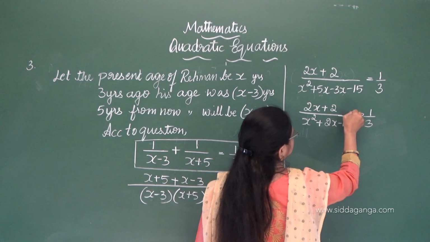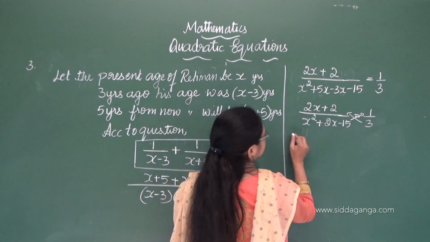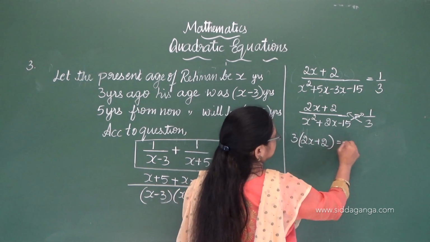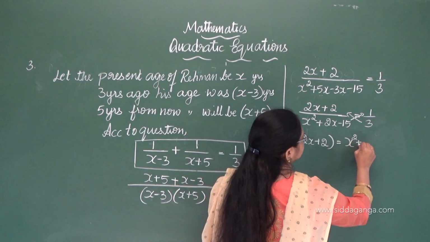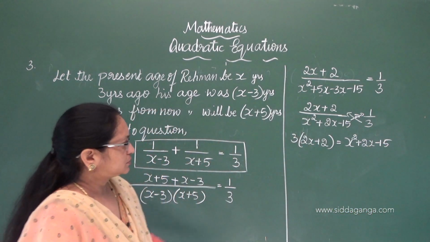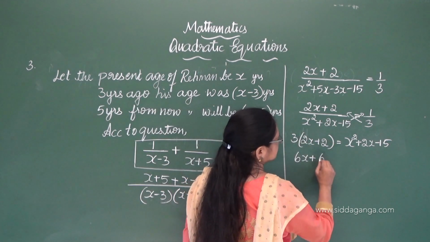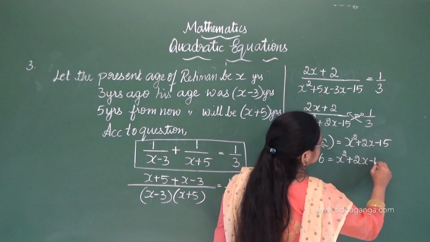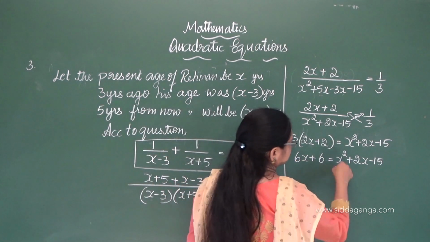Now, cross multiply. You have to cross multiply. So this will become 3 into 2x plus 2 is equal to 1 into this much. So there won't be any changes. Now, try to simplify this again. 3 2s are 6x plus 3 2s are 6 is equal to x square plus 2x minus 15. Now, we will transpose this to the other side.